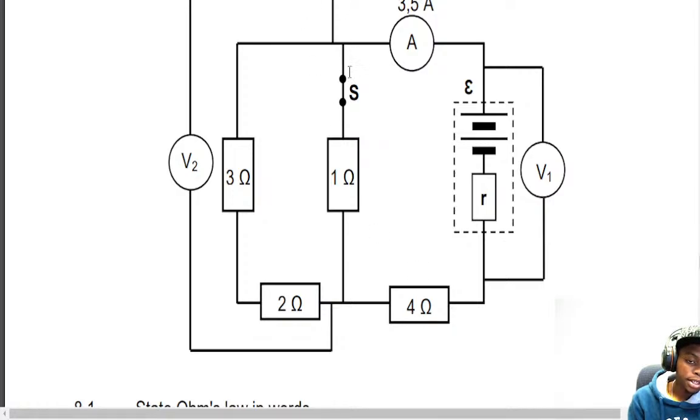Here the current splits, so it shares. We don't know how much passes here and how much passes there. But for the 4 ohm resistor, the current that passes through it is the total current, which we can see on the ammeter is 3.5. So the current that passes through the 4 ohm resistor is still 3.5.